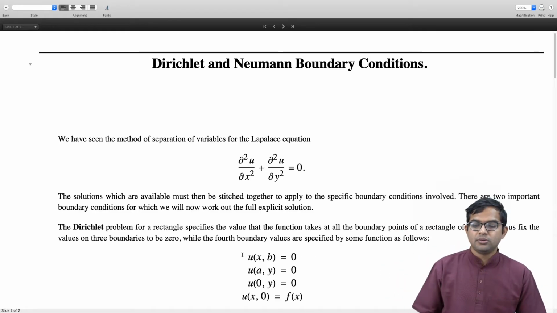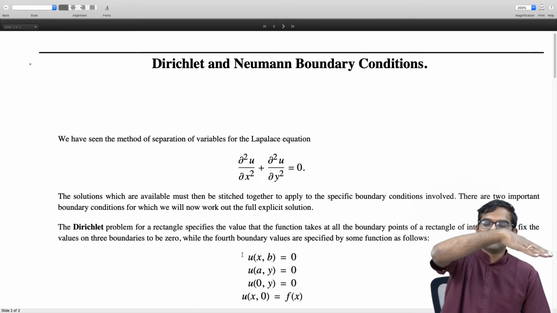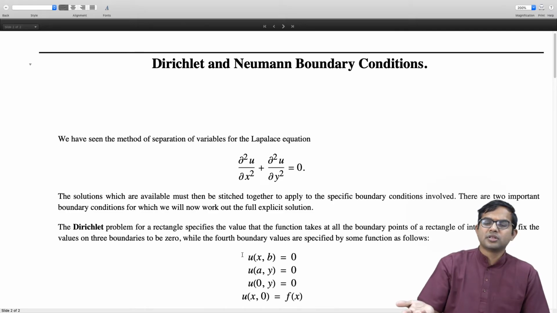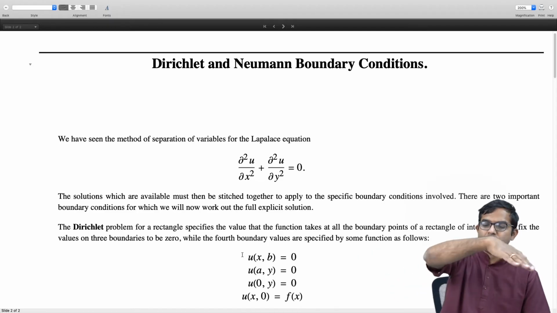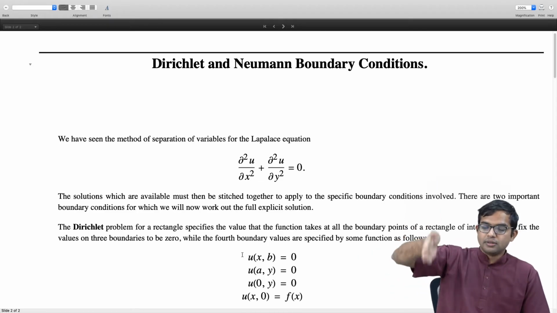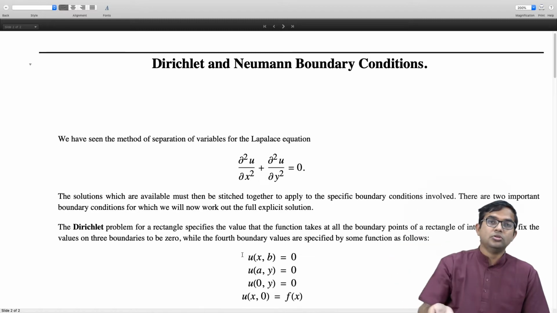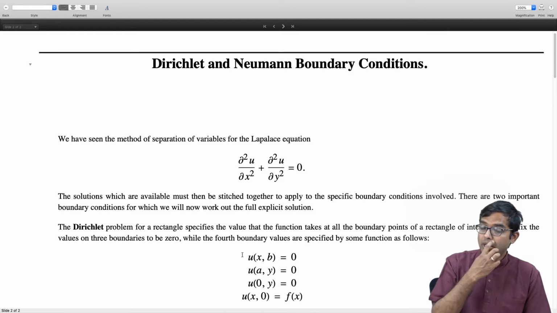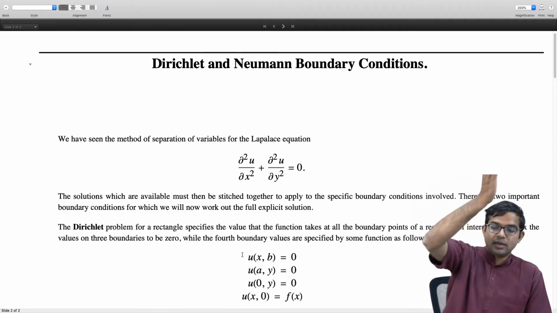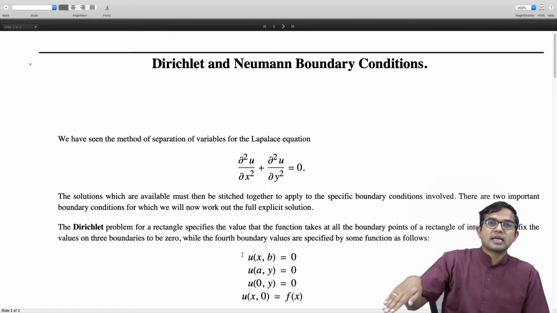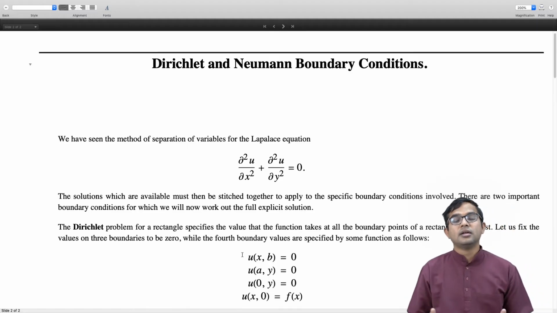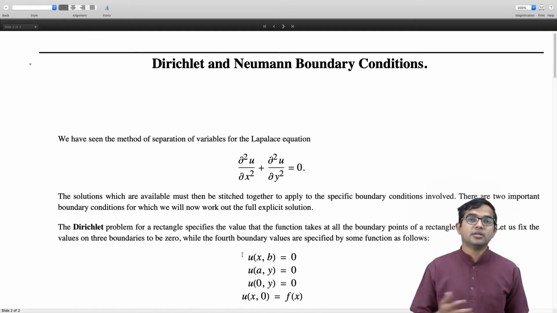At y equal to b, the value of this function u is taken to be 0, and on the line x equal to a, u of a comma y is also 0. u of 0 comma y, that is along the y-axis, is also 0. It's only along the x-axis, right at the bottom, that the value of this function is chosen to be some f of x. If this were also 0, then of course the solution would be completely trivial. It's 0 everywhere.